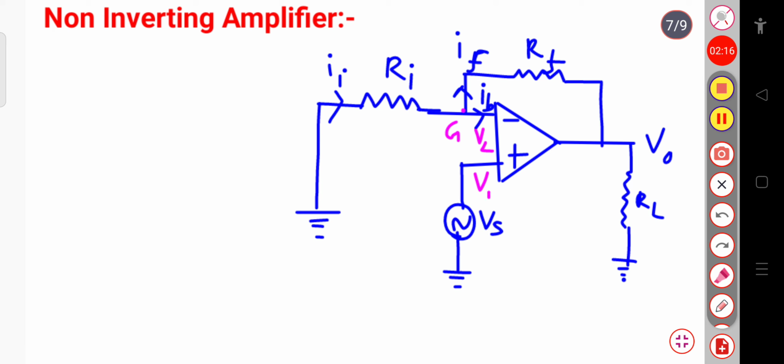Since its name is non-inverting amplifier, from its name you can guess that only across the non-inverting terminal you have to apply the voltage, suppose Vs, and the other terminal, that is your inverting terminal, is to be connected to the ground.